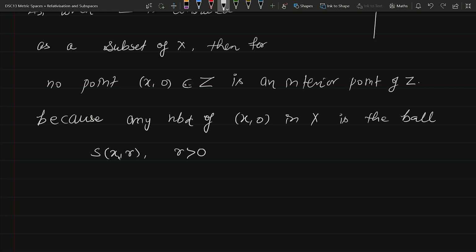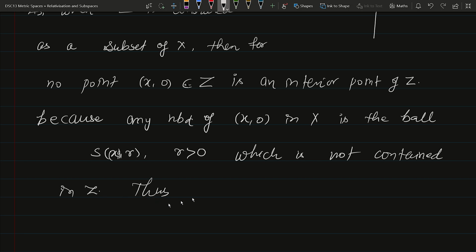You can write this as (x, 0), you can write it both ways, which is not contained in Z.